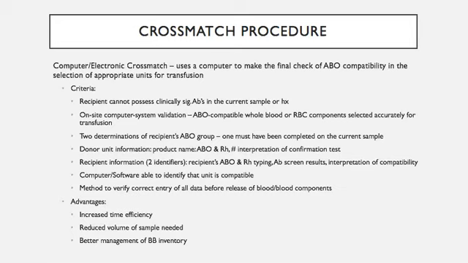There has to be a method to verify correct entry of all data before the release of the blood or blood components. Some of the advantages of electronic cross-match: it saves time, there's reduced volume of sample needed, and there's better management of the blood bank inventory, because the computer's going to pick the one that's compatible that maybe is getting ready to go out of date. So it's going to pick the best one that's available.